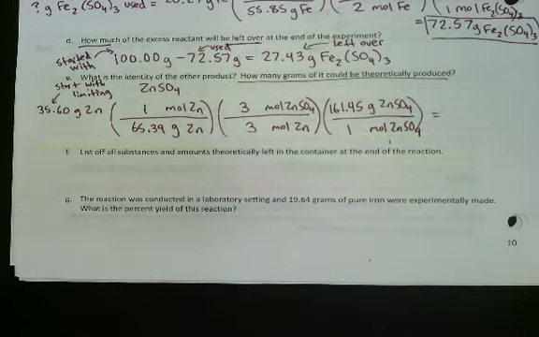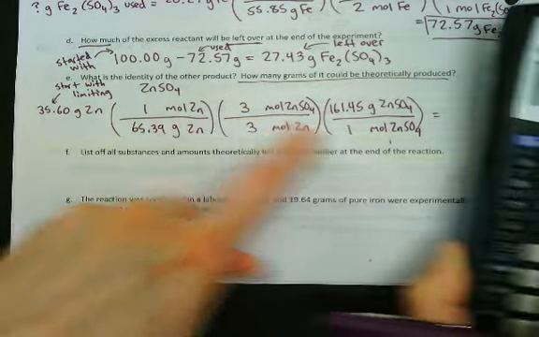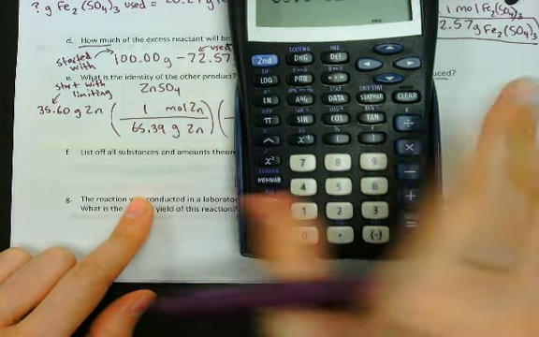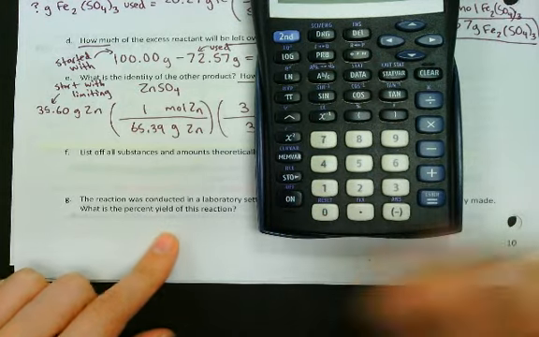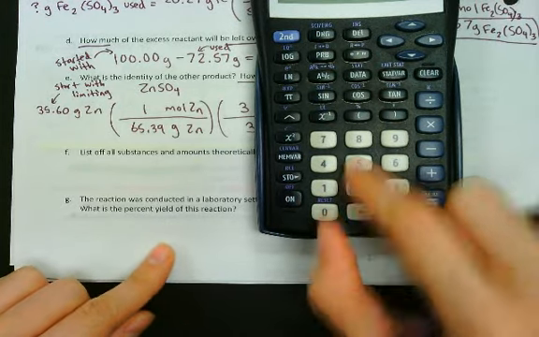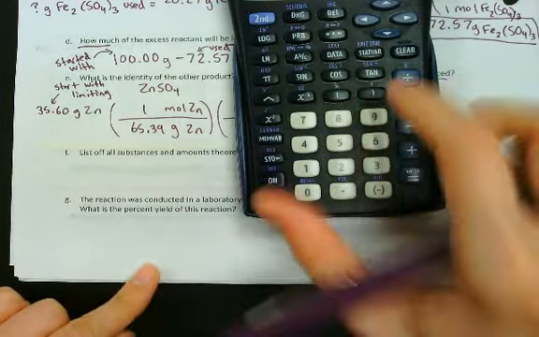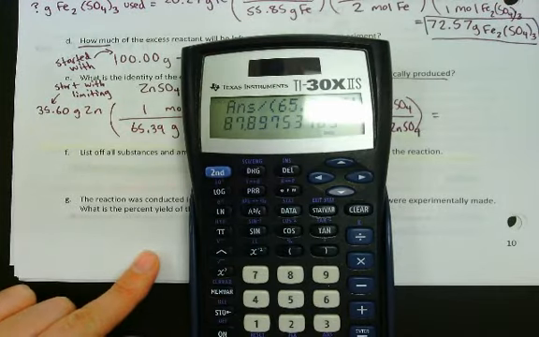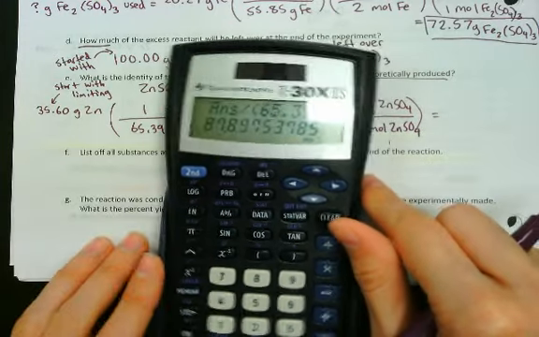So we can type this into our calculator as well. 35.6 times 3 times 161.45. Then we're going to divide by 65.39 times 3, which really, these kind of cancel each other out. And we'll get 87.897.